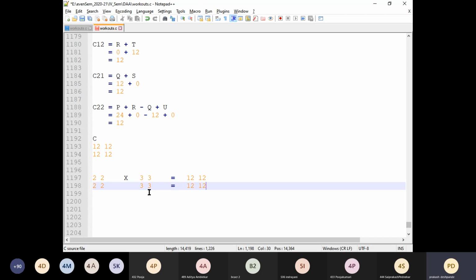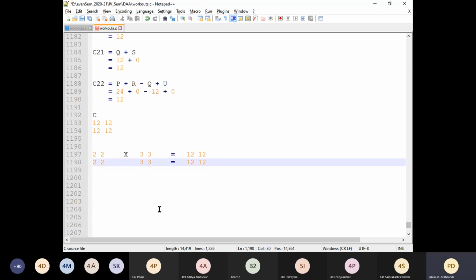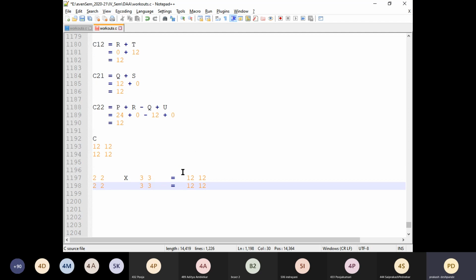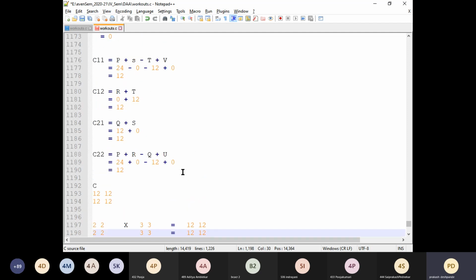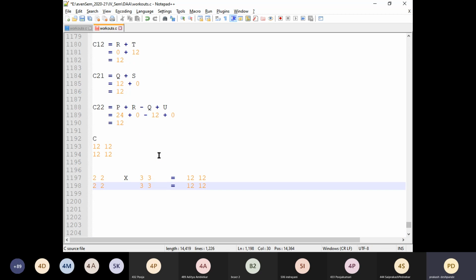That will give you the final answer. Now, students, if you have written this solution in a rough book, write it later in a fair book. I will give you the theoretical notes about Strassen's matrix multiplication. After you write the notes of the theory, you can write this exercise as the first one.